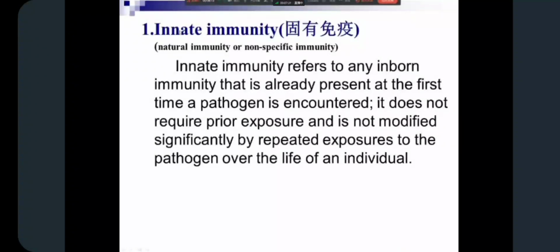This is innate immunity. In Chinese, 固有免疫. It is also called natural immunity or non-specific immunity.